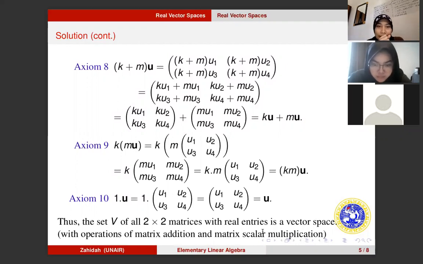The next example, I give you a set that is not a vector space. We can continue, or do you still try to understand this term? I don't think so. Just memorize the example.